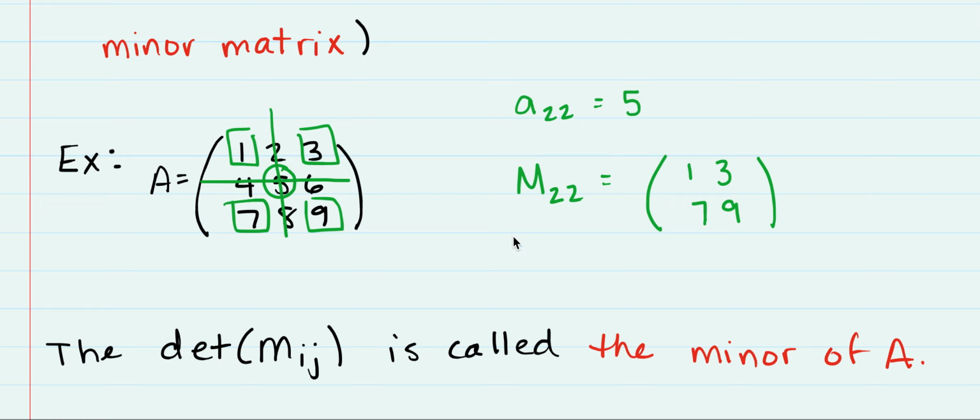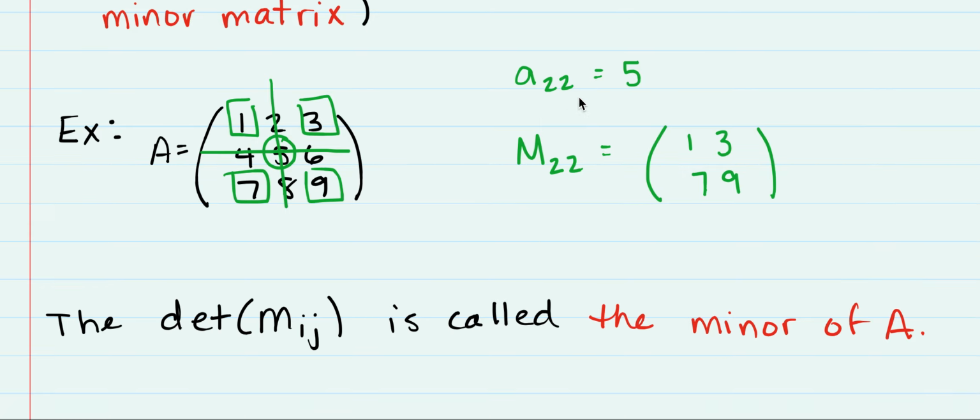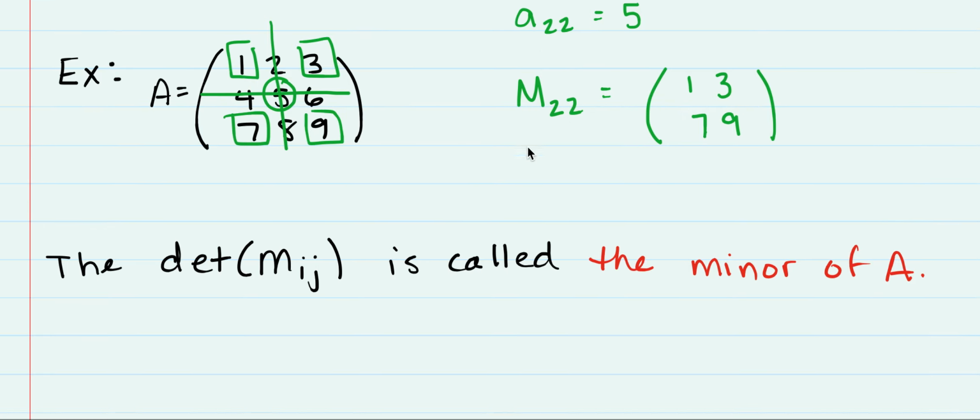So this is the minor matrix corresponding to this entry A22. The determinant of this minor matrix is called the minor of A.